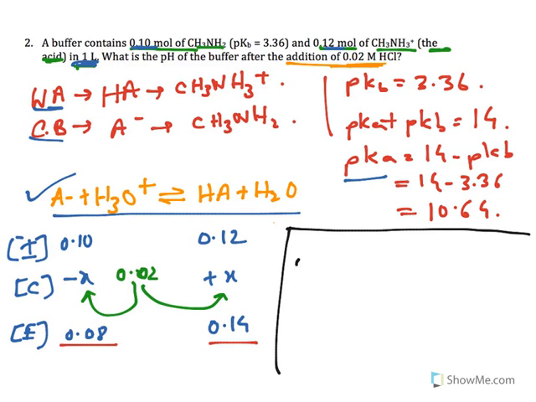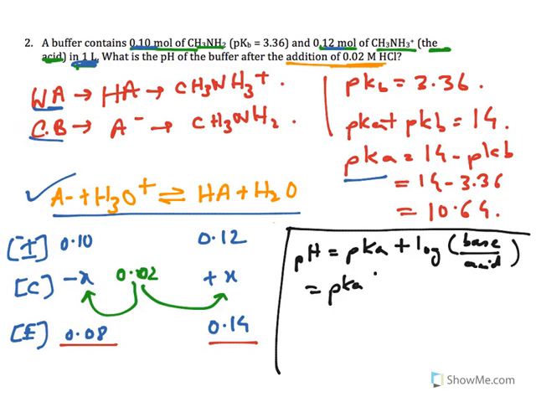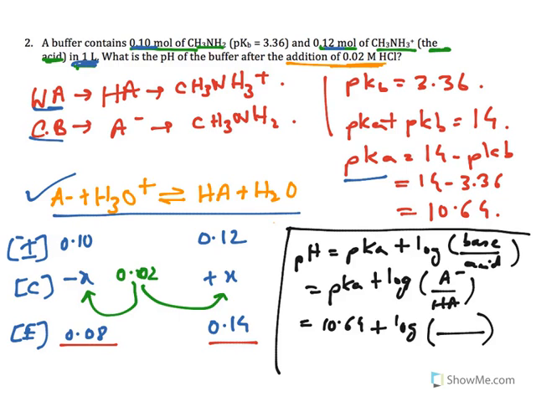The Henderson-Hasselbalch equation is pH equal to pKa plus log of base over acid, which is the same as pKa plus log of A minus over HA. Our pKa is 10.64, the concentration for our base is 0.08, and the concentration for our acid is 0.14.